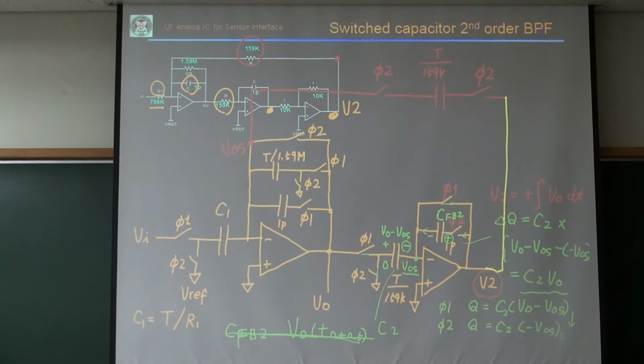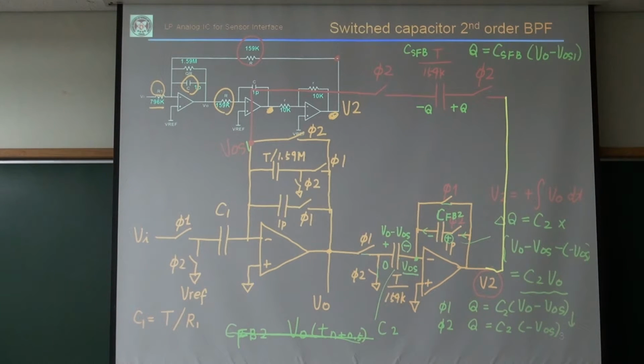No, this is good. Then during phi 1, let's just say there is a plus charge, minus charge there, right? The charge Q will be just this capacitor, CSFB, times VO minus input offset voltage VOS1.